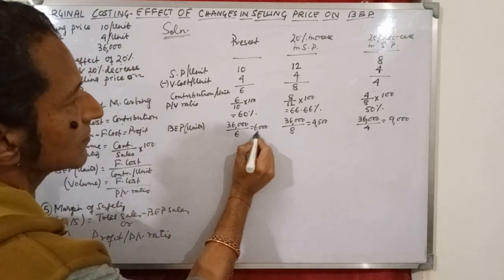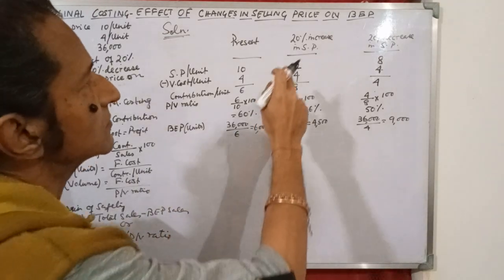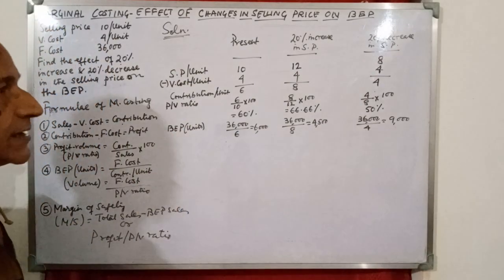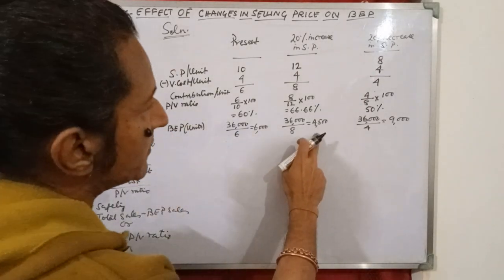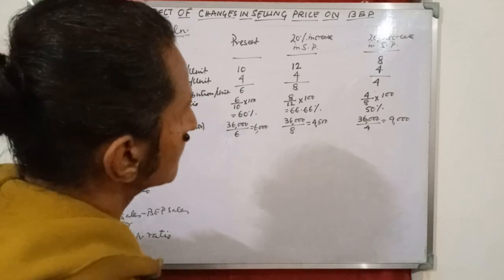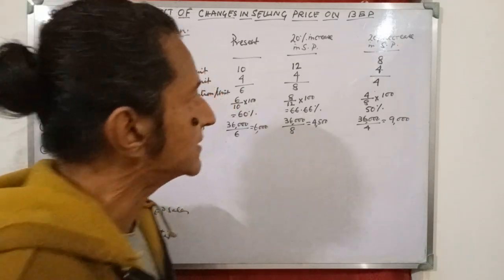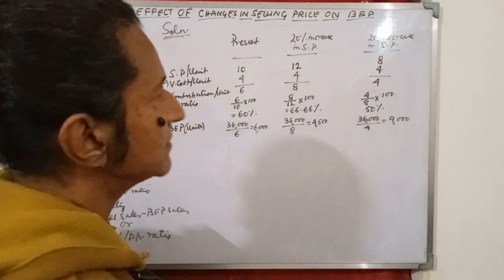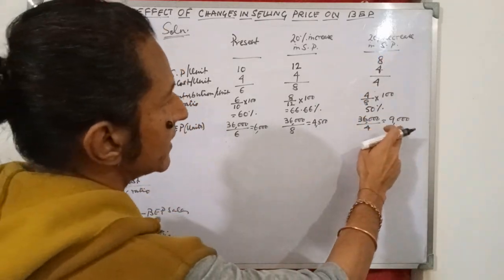When selling price is 12, that is 20% more than the current selling price, then the BEP is 4,500, and if selling price decreases by 20% and it becomes 8, then BEP becomes 9,000 in terms of units.